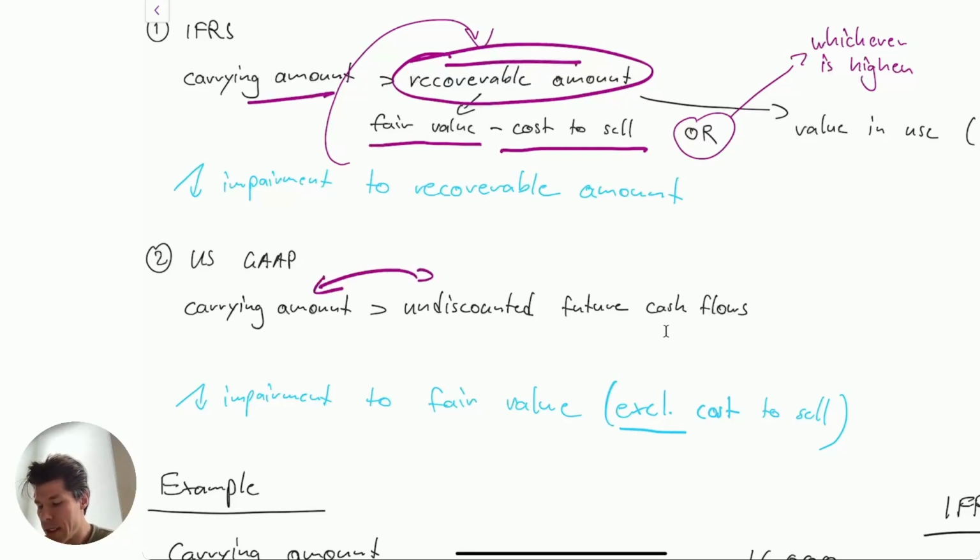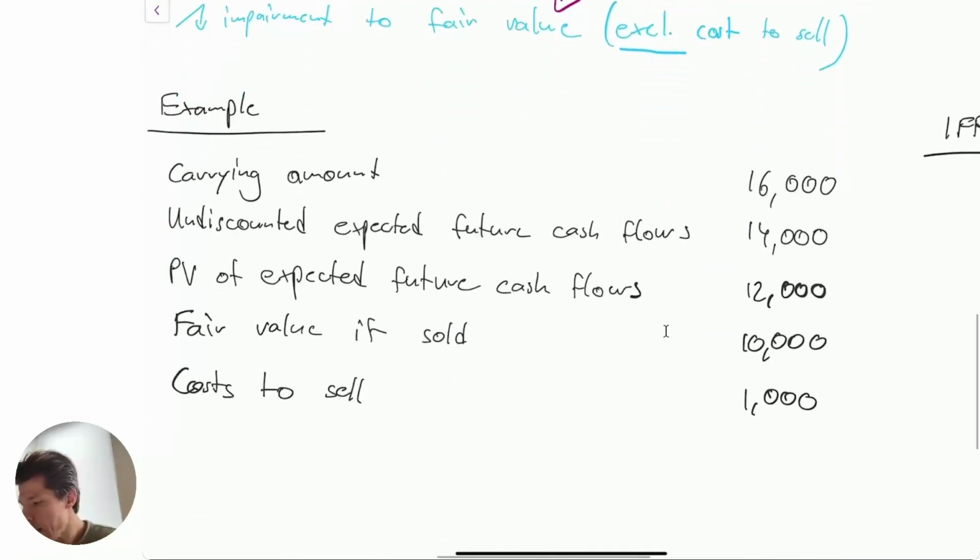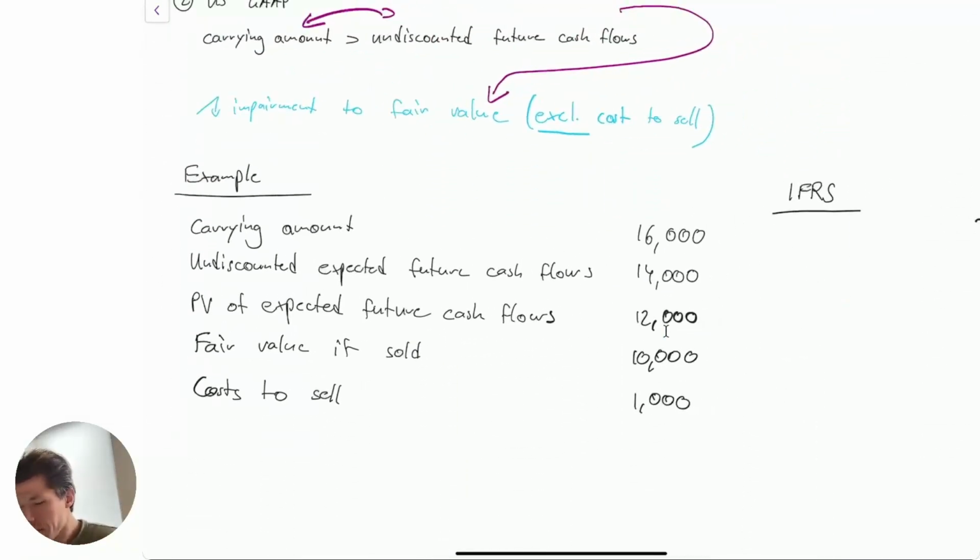If impairment takes place, then you write down to your fair value, excluding cost to sell. So you write down to fair value. Yeah, it's a bit tricky, but let's look at an example.